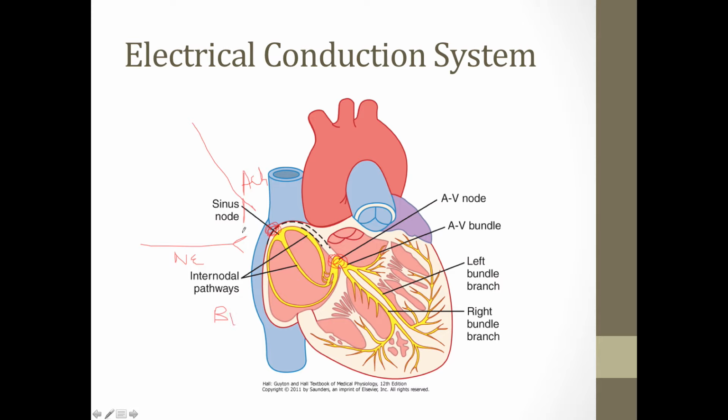So we should know that this wave of conduction will spread first through these nervous pathways, so from the SA node through these internodal pathways, getting atrial contraction, and then eventually spreading to the AV bundle, which controls the contraction of the ventricles. So atria contract and then the ventricles.